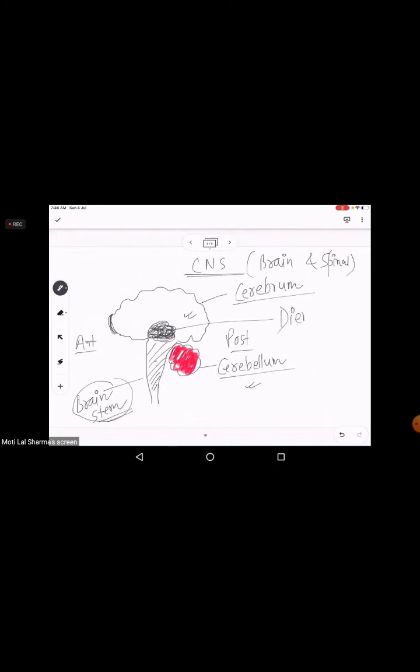Okay, these are the parts. So we have seen the cerebrum, the topmost part, and below it the brain stem, and behind the brain stem the cerebellum, and actually between the cerebrum and the brain stem, there is another part called the diencephalon.